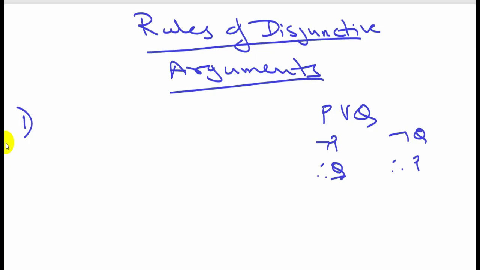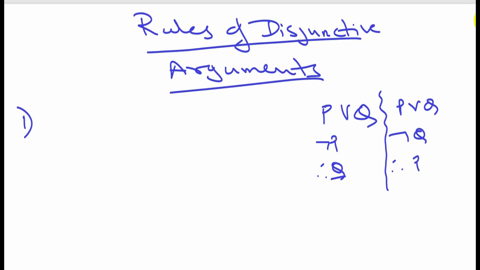They are symbolically expressed as P or Q, not P, therefore Q; or P or Q, not Q, therefore P. So there are two types of arguments that we can get.